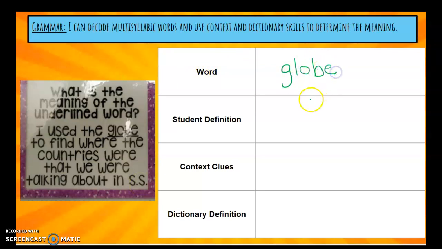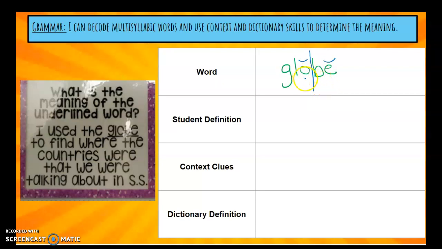Now, okay, so you're going to mark your breves. Let me switch colors. So every vowel gets a breve. Now, look after this vowel. Okay, you only have one consonant. That means you split it before the consonant. So globe. All right, globe, globe.